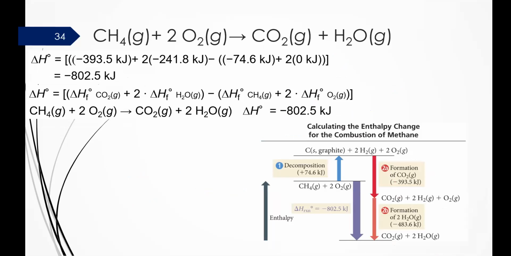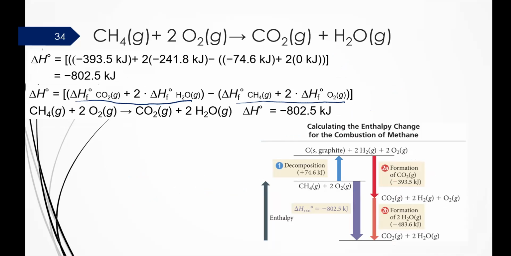The other way to do it is to use just our standard enthalpies. And so this is that one where we have the sum of all of the enthalpies for our products minus the sum of all of the enthalpies for our reactants. And so then we plug them in. A lot of what we'll go through depends on which way you're provided the information.